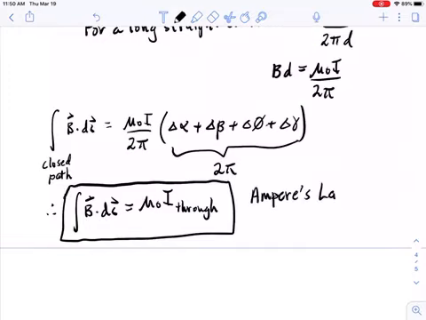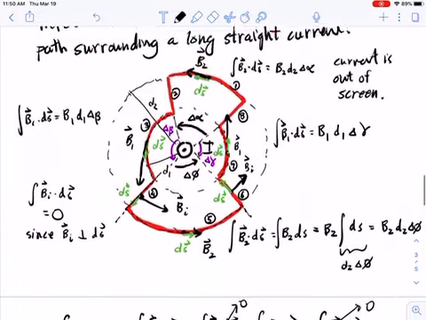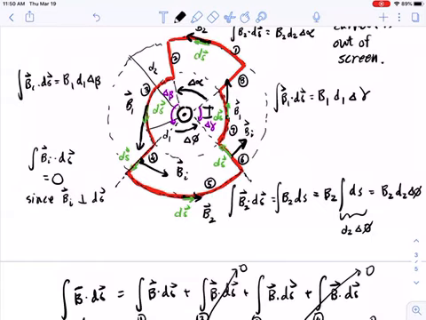Ampere's Law. We got it once for a circular path, and now a second time for a path made out of circular sections and straight line sections that are perpendicular to those circular arcs. You could imagine taking any arbitrary path around a long straight wire, for example, and dividing that path into little circular sections and little straight line sections.